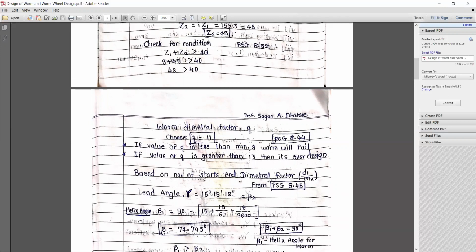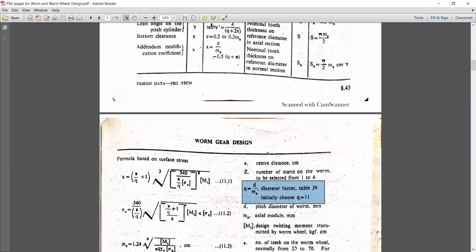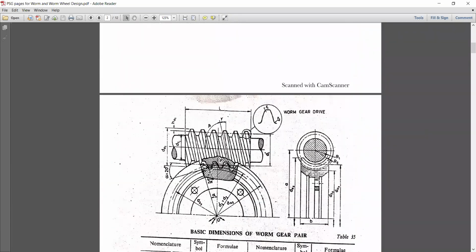So it normally depends upon the value of two angles. Here I will show you. In this you can observe there are two angles, gamma and beta. Beta is the helix angle with respect to the worm as well as with respect to the gear, and alpha is the lead angle.